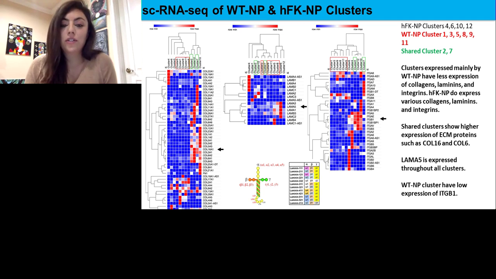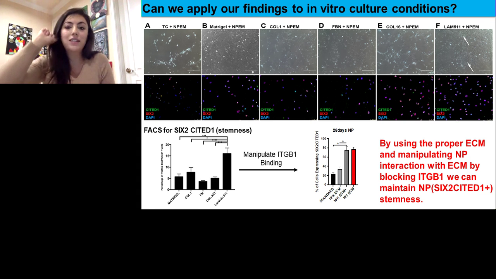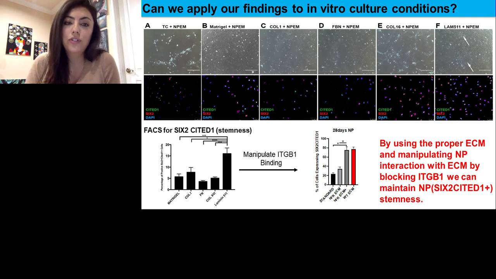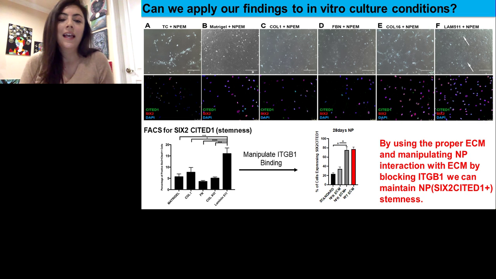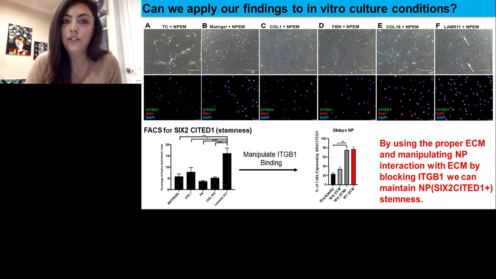And we know that integrin beta 1 and laminin 511 do interact together. So what we did is in vitro cultures of normal nephron progenitors, and we tested different culture conditions. In particular, we tested tissue culture without any coating, and the cells do not like this, and they tend to not be able to attach.